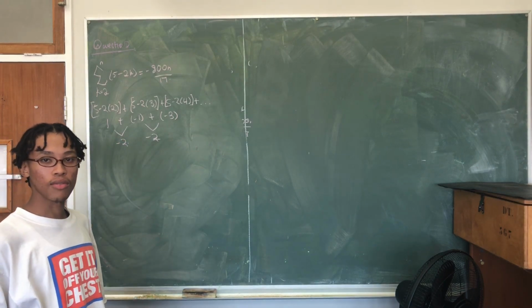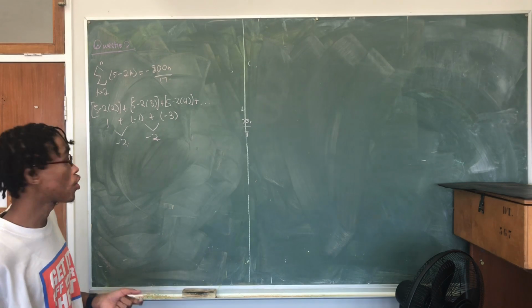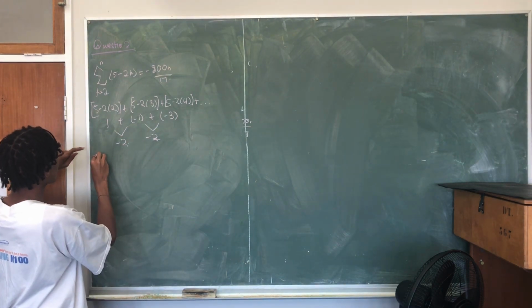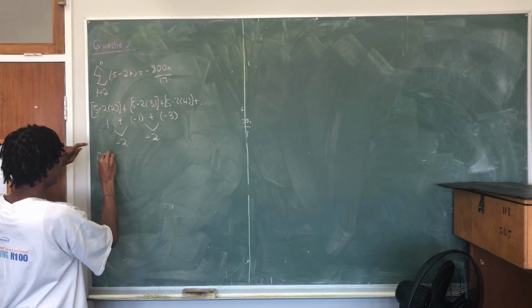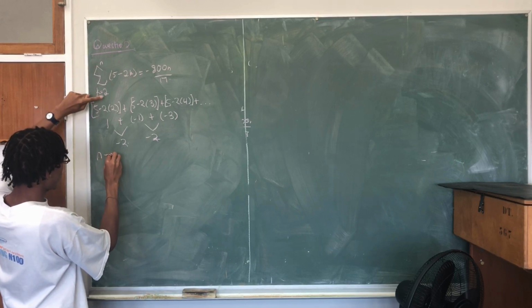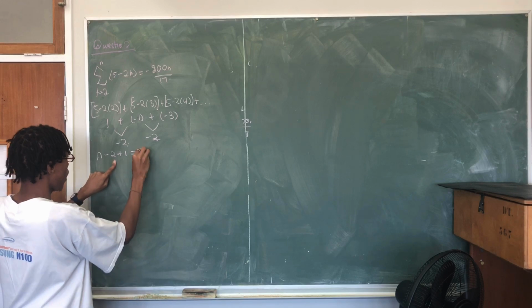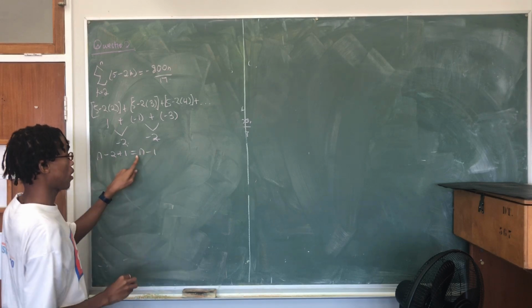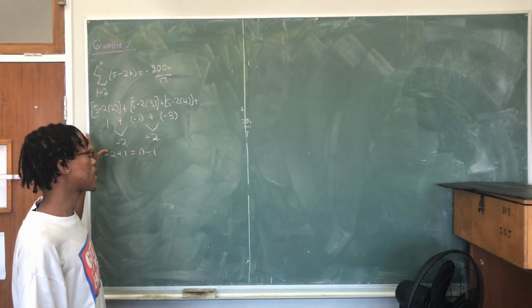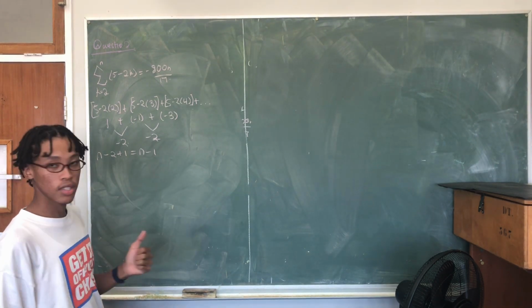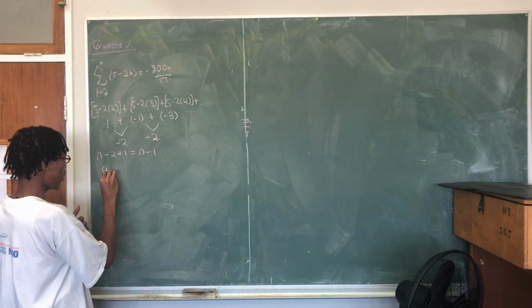Next thing that we're going to look for is the number of the terms in the series. The number of terms can be calculated by saying n minus 2 plus 1 is going to be n minus 1. This represents the number of terms that this series has. We have our a.